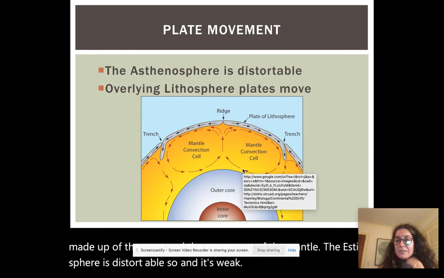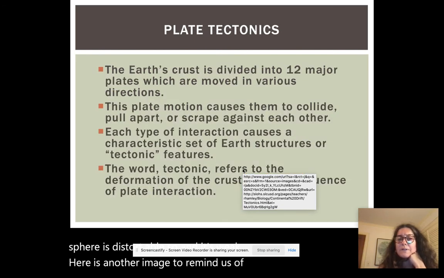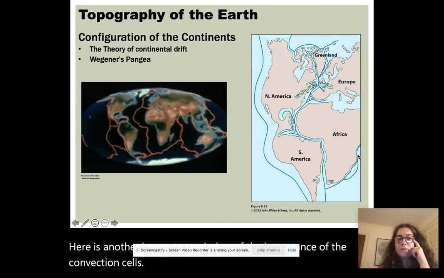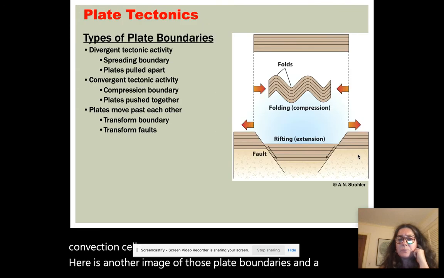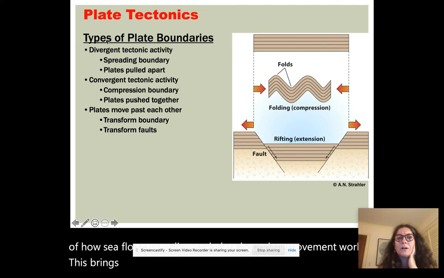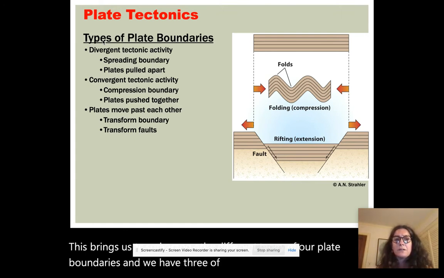Here is another image to remind us of the importance of the convection cells. Here is another image of those plate boundaries and a reminder of how seafloor spreading and plate boundary movement works. This brings us to going over the different types of plate boundaries, and we have three of them, as previously discussed.